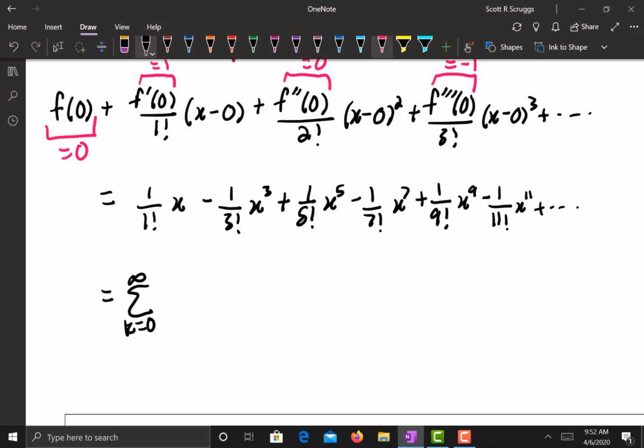So, if I'm starting off at 0, this is when k equals 0. And let's check what's going on. I still have an x popping in, and I still have a 1 factorial in there. This is my k equals 1, this is my k equals 2, this is my k equals 3, and so on.